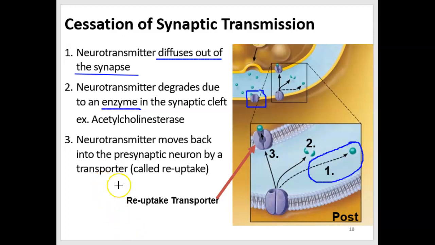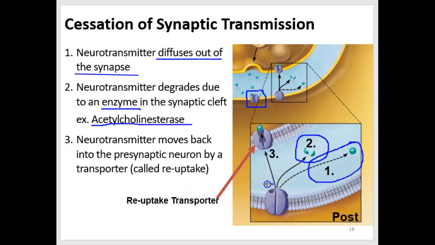Acetylcholine is one example where we know the name of the enzyme that breaks it down. It's called acetylcholine esterase, no surprise. So that's what's happening in number 2, is the neurotransmitter is being degraded. But there's another phenomenon that takes place, and that is that the neurotransmitter can be recycled.